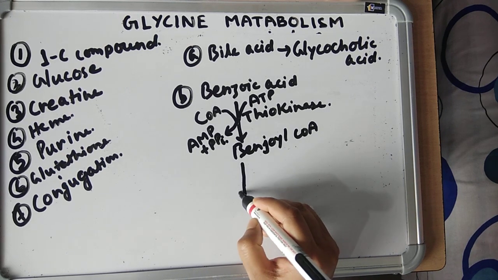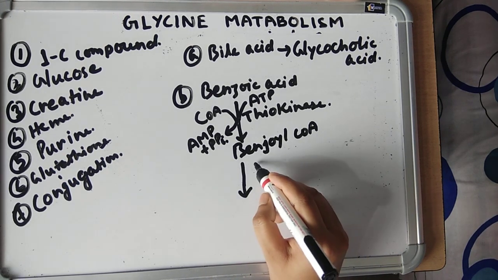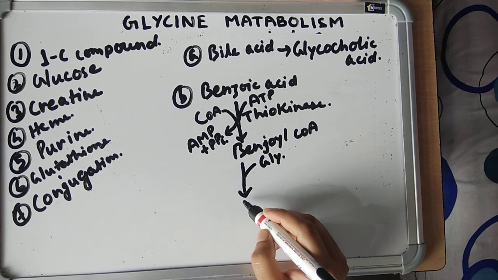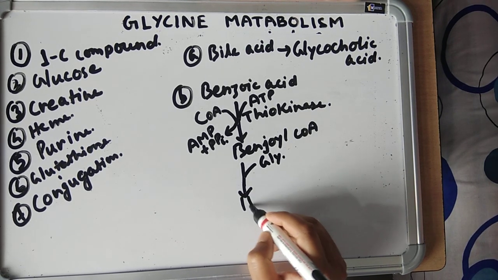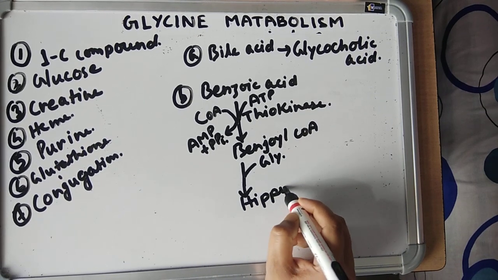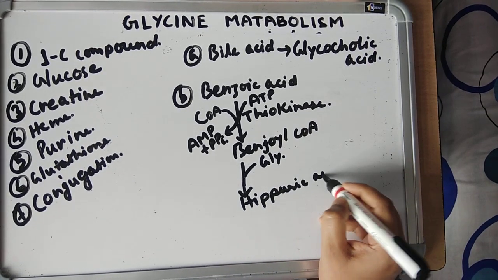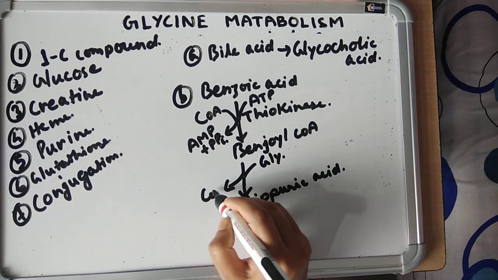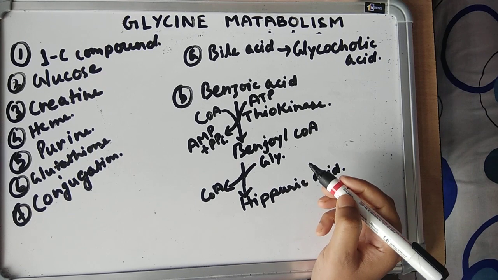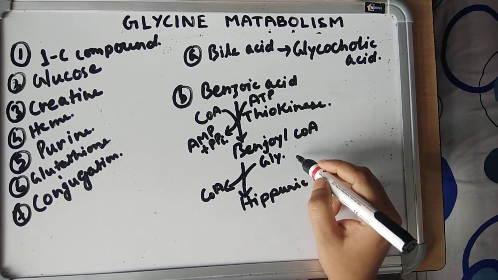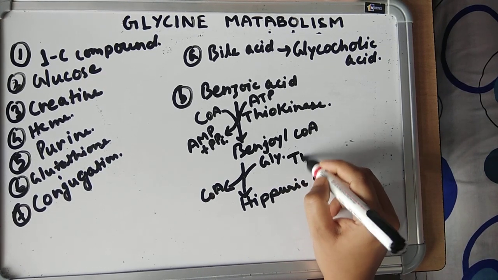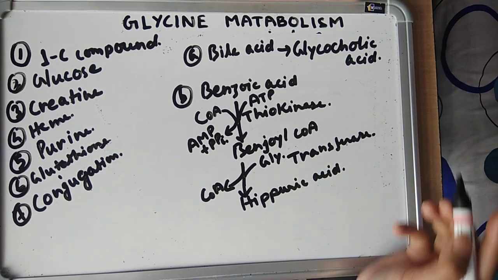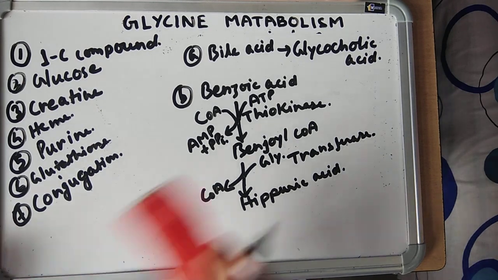Then the benzoyl group of benzoyl coenzyme A is transferred to glycine to form hippuric acid. Coenzyme A is released, and this reaction is catalyzed by the transferase enzyme, benzoyl transferase. So this hippuric acid can be excreted in the urine.